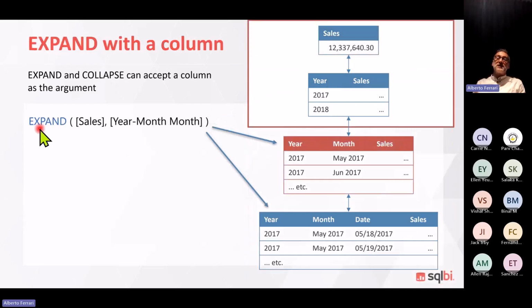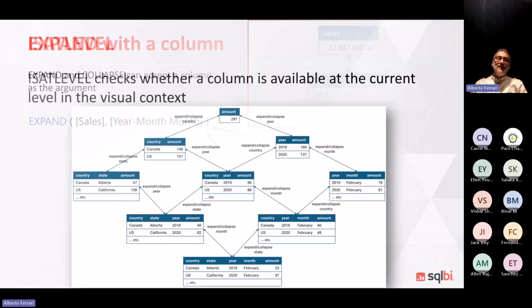And you can also use expand. If you expand the year, month, it expands to the first level where the year, month is actually visible. If expand or collapse are used at a level where the column is already visible, they don't do anything, because in the lattice the column is already there.